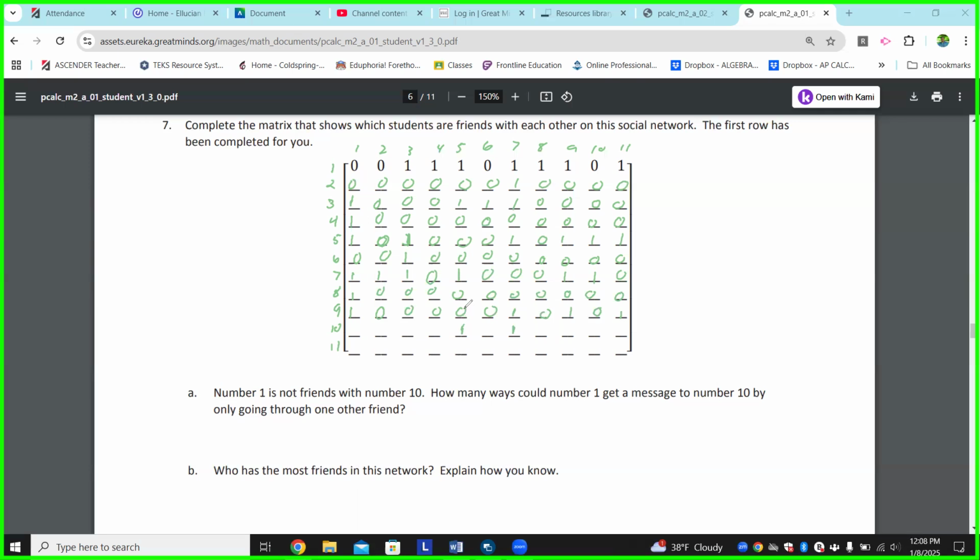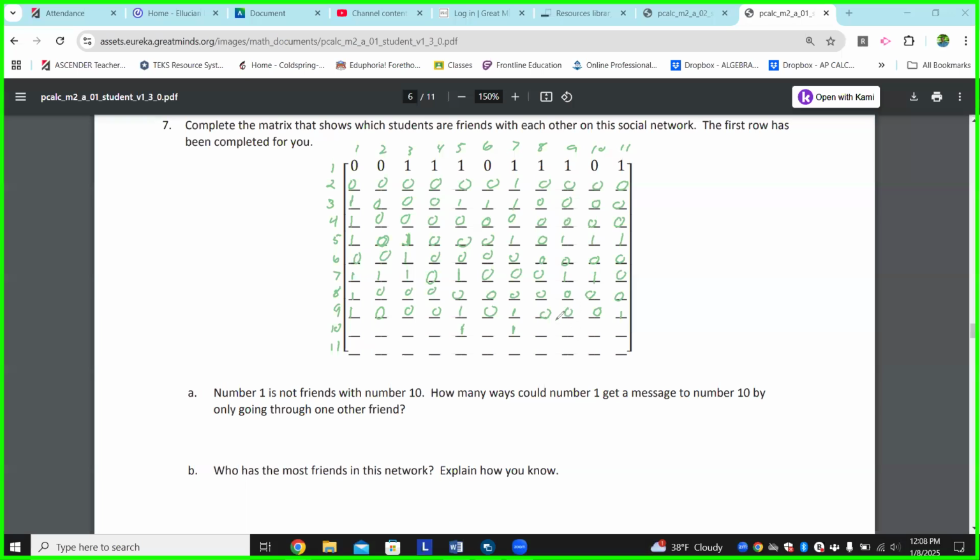9 is friends with 1, 7, and 5. Did I not put it on 5? Oh, okay. I see. I put it on 9 and it's supposed to be on 5. Yeah, I got 11 there. So here we go.